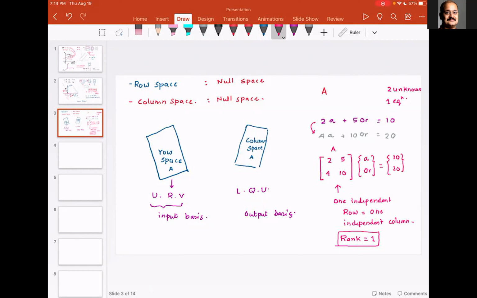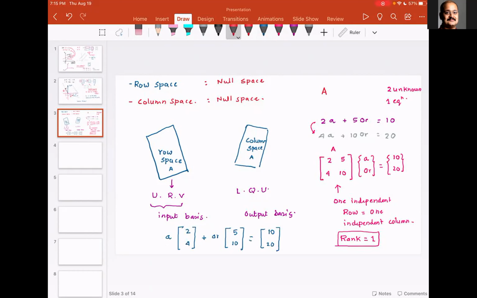A is not invertible. A step further, if I were to look at the column picture of A, and you will see this in just a bit, apples plus oranges, 2, 4 plus 5, 10 is equal to 10, 20. Can you see it?